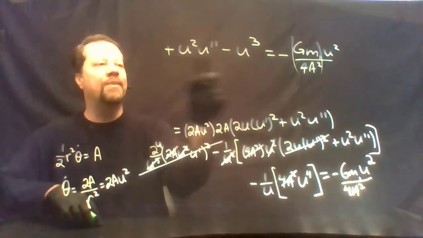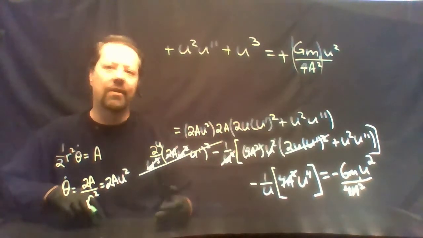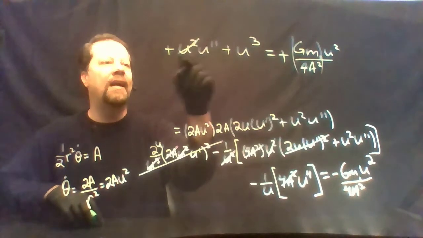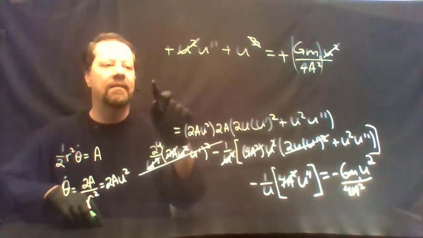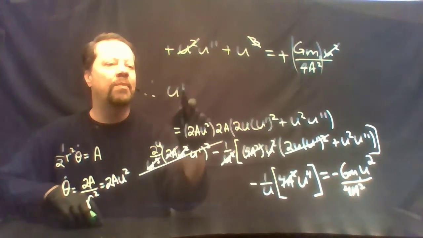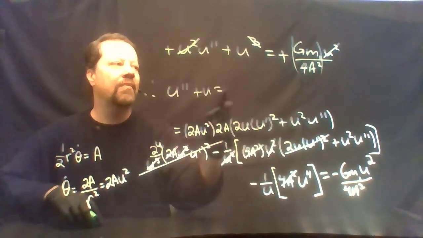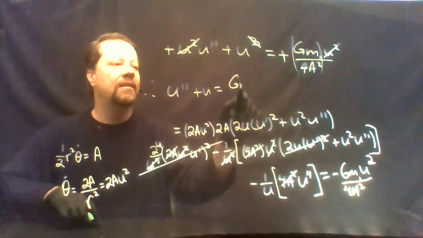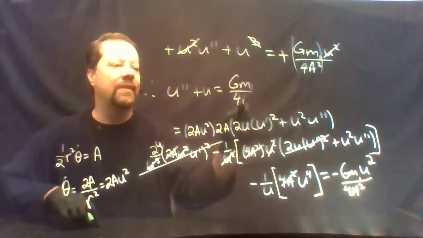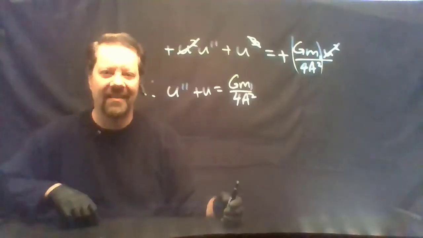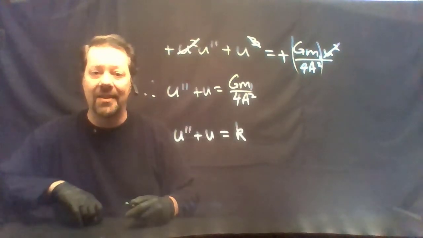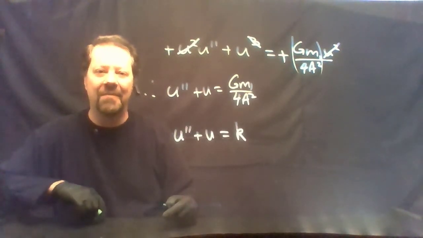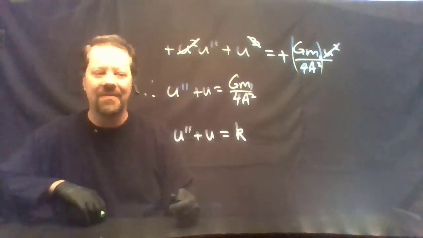If we multiply both sides by -1, we can turn all terms into positives, and we can divide by u squared, and we get u double prime plus u equals the constant gm1 over 4a squared. These sorts of equations are very easy to solve using elementary theory from our differential equations courses.